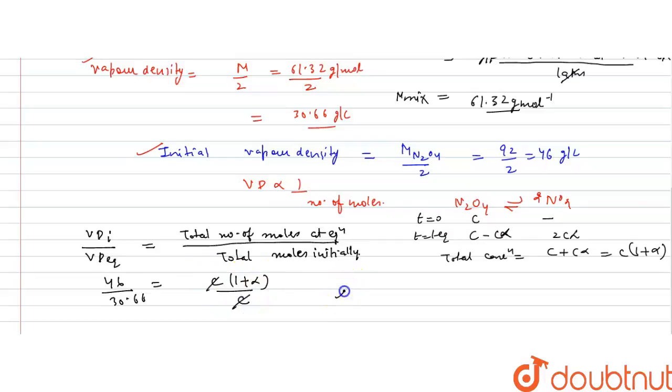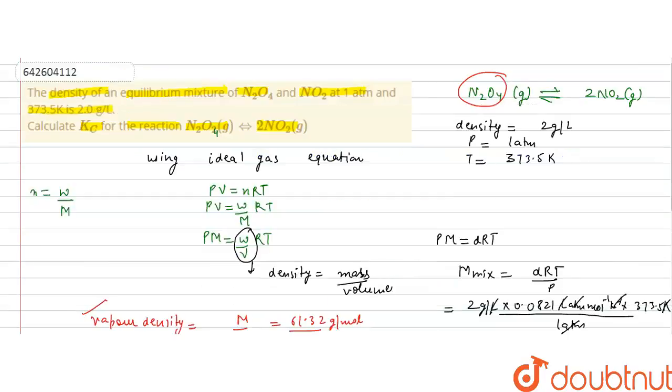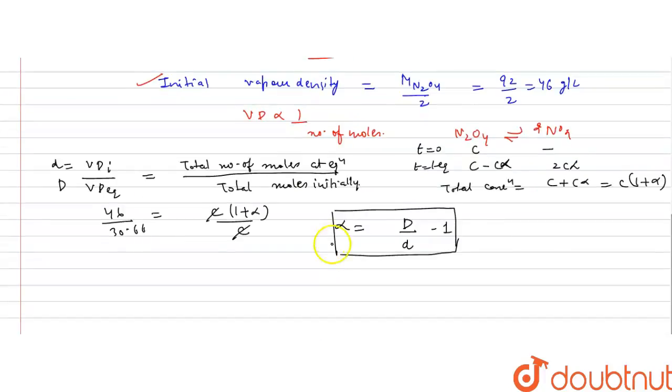We write this as capital D over small d, so alpha is equal to D by d minus 1. Now we can calculate the value of alpha from here: alpha is equal to 46 divided by 30.66 minus 1.